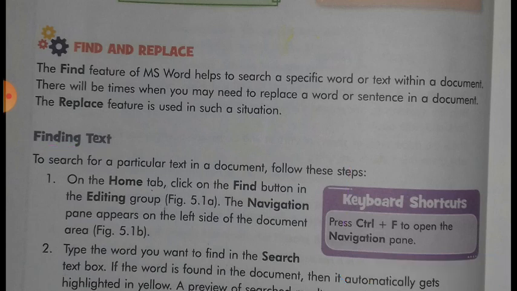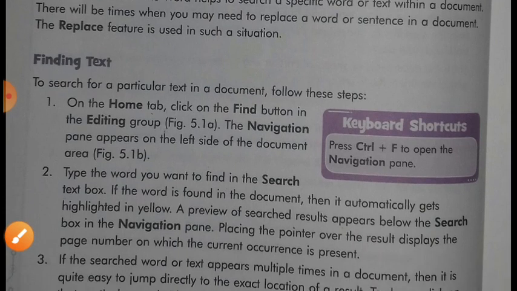If the word is found in the document, then it automatically gets highlighted in yellow. A preview of the searched result appears below the search box in the navigation pane. Placing the mouse pointer over the result displays the page number on which the current occurrence is present.